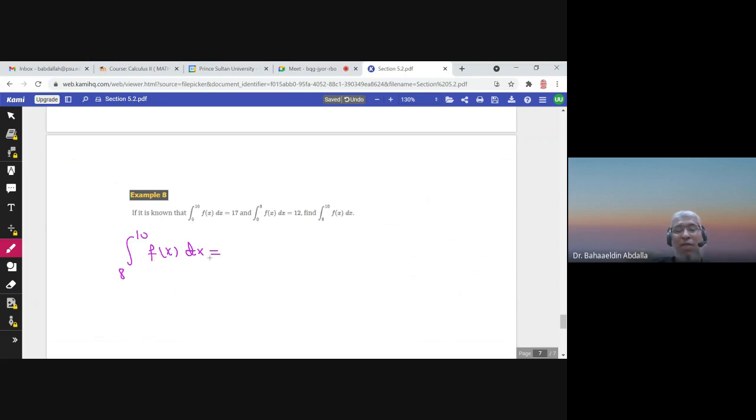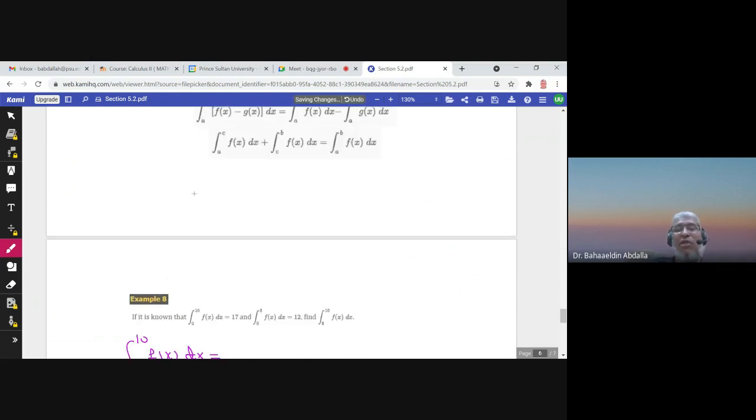I can say that the integral from 0 to 10 of f of x dx equals the integral from 0 to 8 of f of x dx plus the integral from 8 to 10, using the last property.